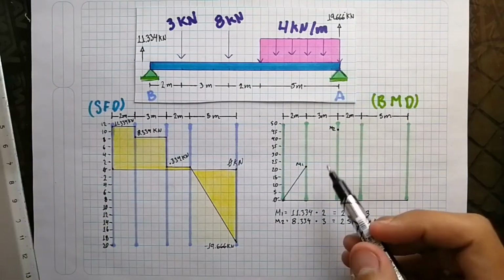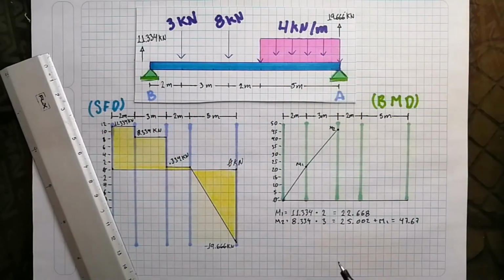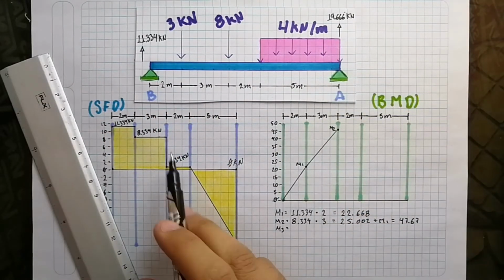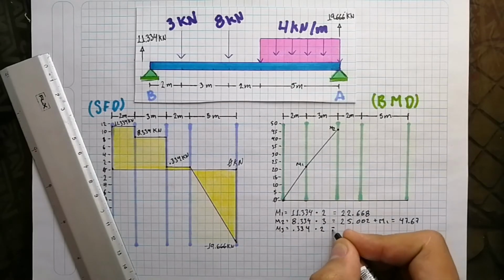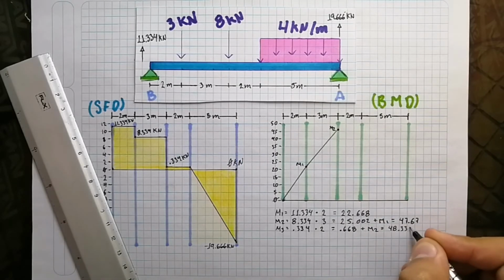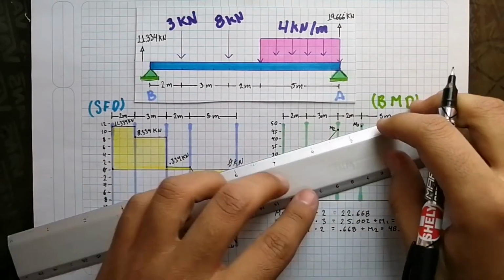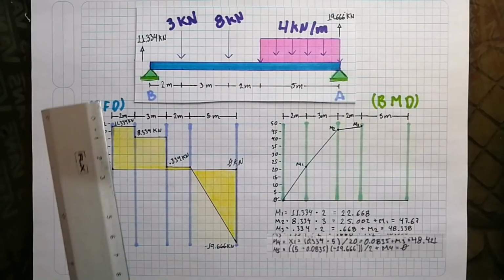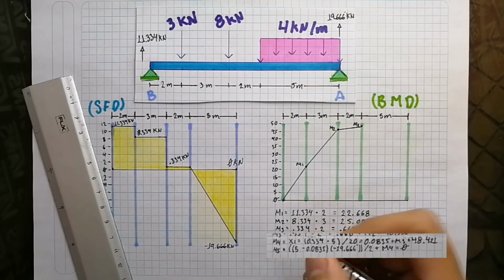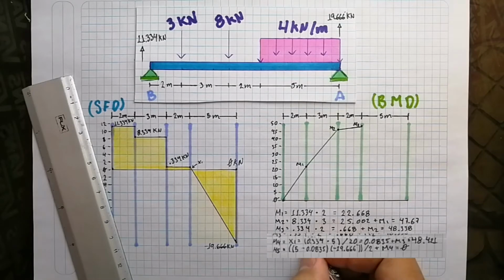The line has to be diagonal. This is how it is drawn when the load is at a point. In this triangle we have 0.33.